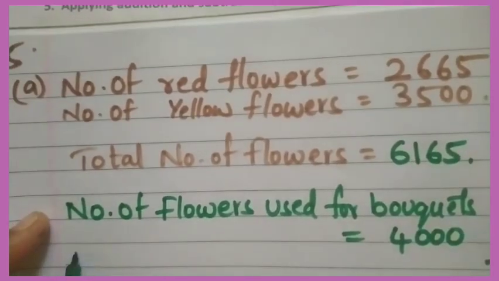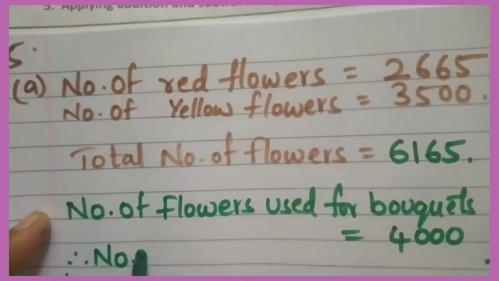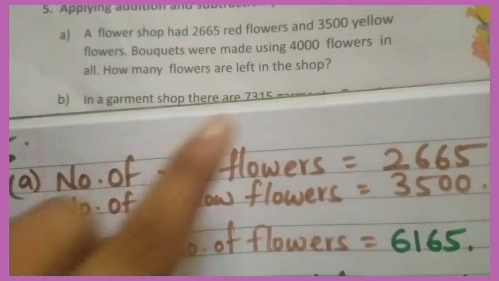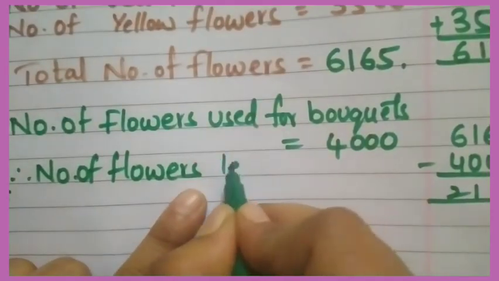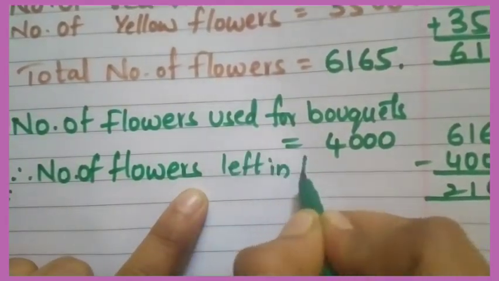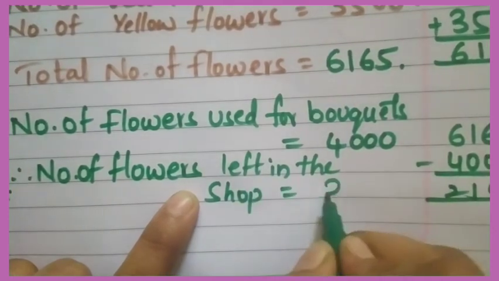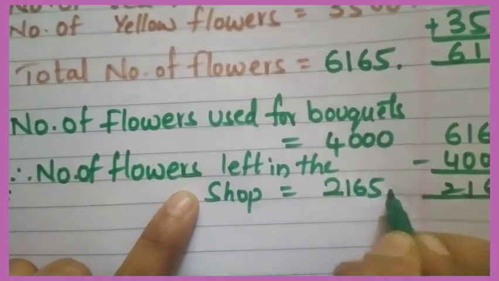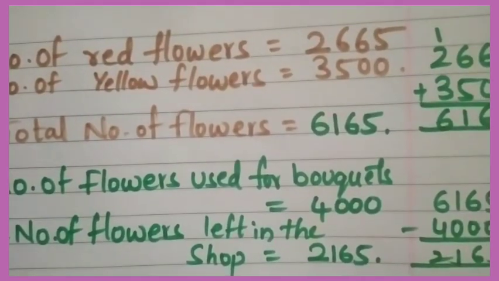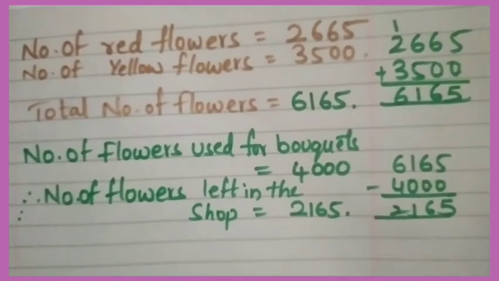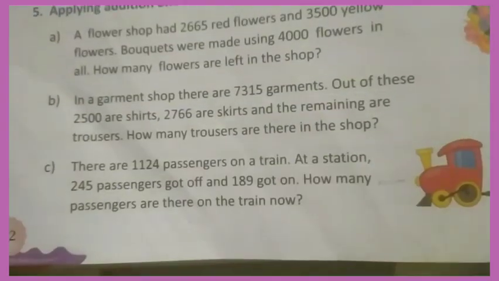Therefore, number of flowers left in the shop. How many? 2165. Okay, this is A answer.